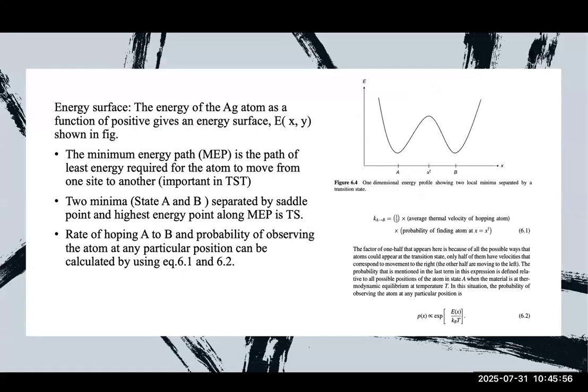So I draw this diagram here. This diagram shows the one-dimensional energy profile, where we can see the two local minima here, and here, A and B, and this is separated by the X dagger.